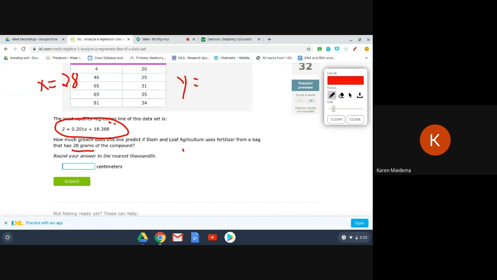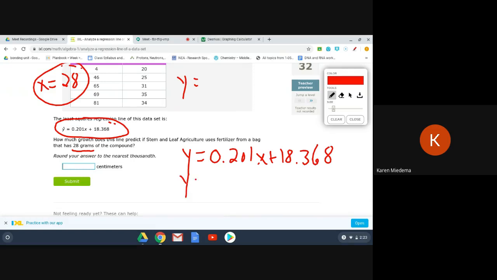Well, we could use the equation that we created. Just going to copy down the equation exactly how it appears. And I'm going to make a substitution. The x value is 28. So when the x value is 28, we want to know what is the y value.